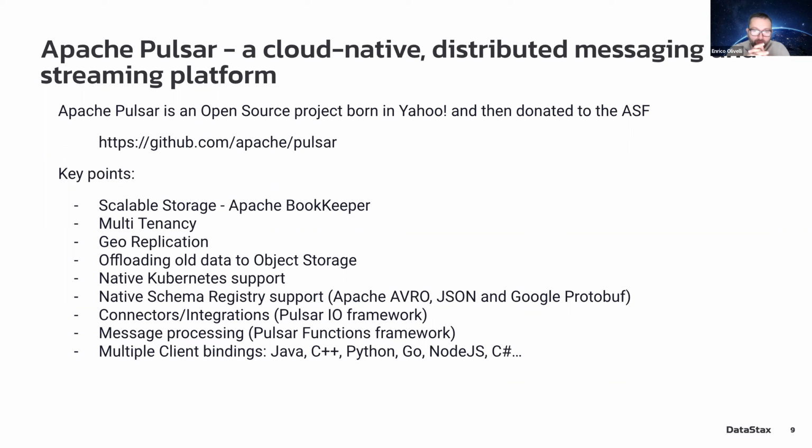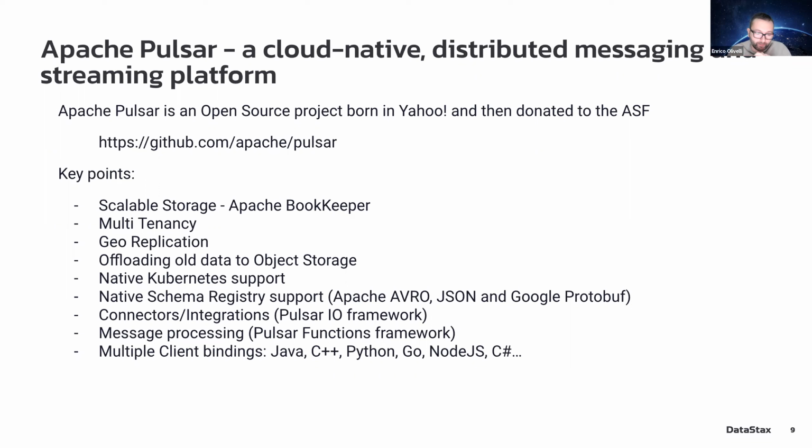The key points for Pulsar are the scalable storage that is built with another Apache project, Apache BookKeeper. It was designed and born with multi-tenancy in mind, so if you are running Pulsar, you have separate, isolated spaces for your data, for your topics.